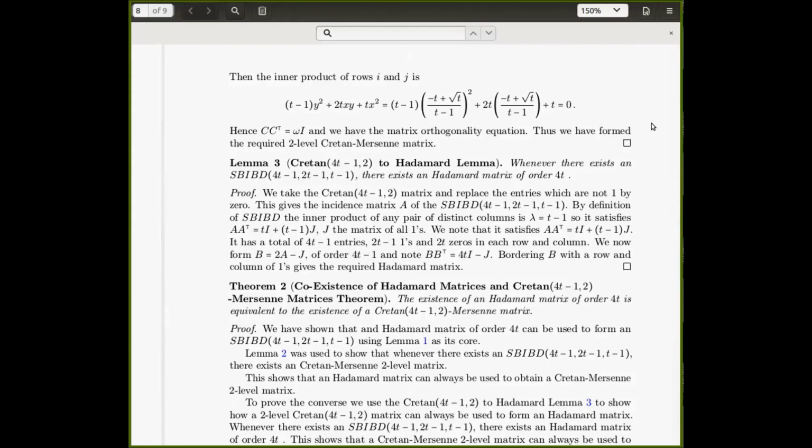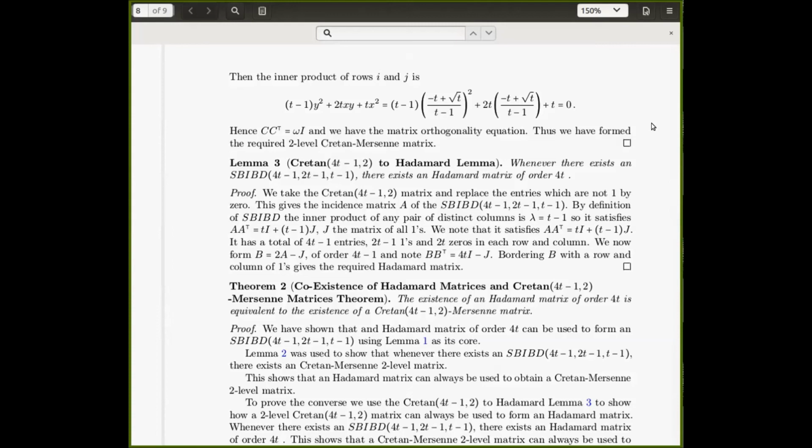Now, the Cretan to Hadamard is just that whenever there is an SBIBD, there is this Hadamard matrix. So, in fact, the coexistence of Hadamard matrices and Cretan matrices is very, very straightforward. And it could be given as an exercise in algebra or combinatorics to any of our students.